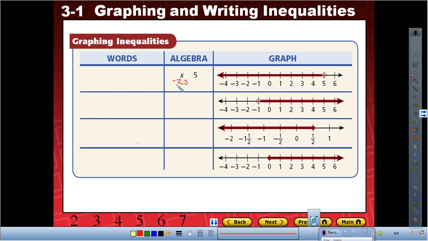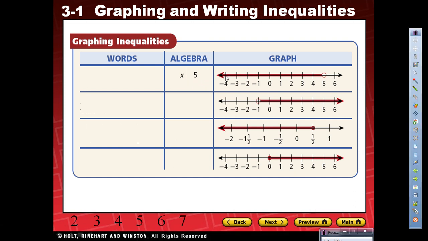So reading it from left to right, -23 is less than 5. Is that true? Yes. If you pick your own number, let's say -2.75, which is somewhere around here, then we would say -2.75 is less than 5. So any number that we pick from here is going to be represented by x. Therefore, this is x is less than 5. So your arrow should be like so.